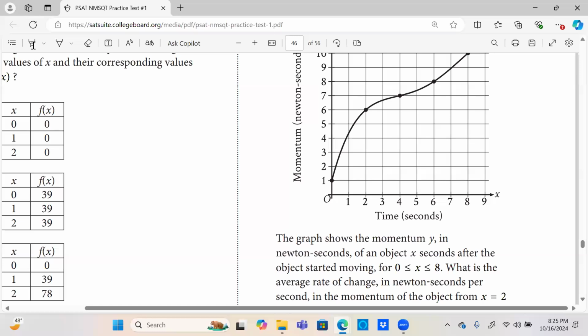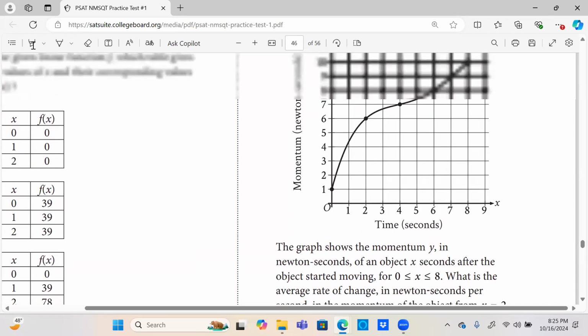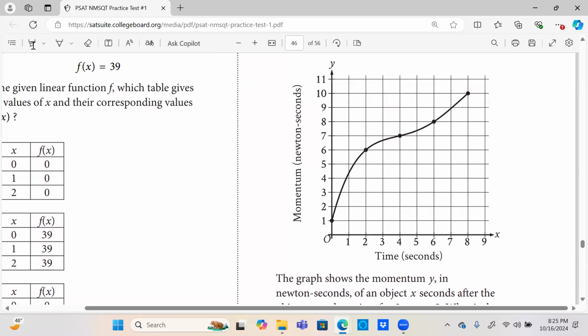The graph shows the momentum y in Newton seconds of an object x seconds after it started moving. What is the average rate of change from x is 2 to x is 6? So average rate of change is a fancy way to say slope. So we're going to take the slope from x being 2 until x being 6.